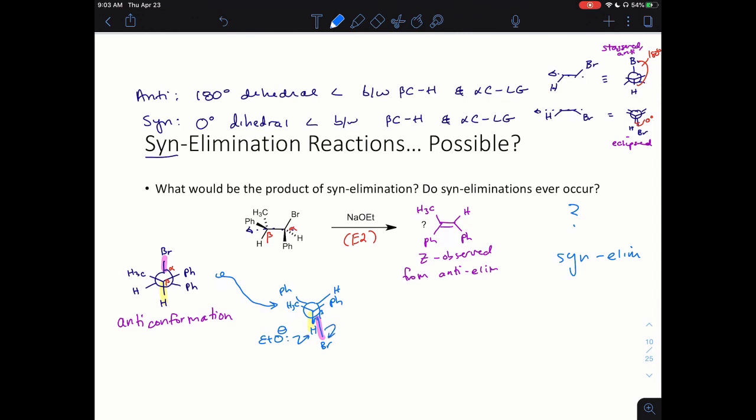And what would that get us? Well, if we had elimination in this conformation, we would have phenyl and hydrogen on the same side of the alkene, and we would have phenyl and methyl on the same side of the alkene. So we would get something that looked like this, phenyl and methyl on the same side, and phenyl and hydrogen.